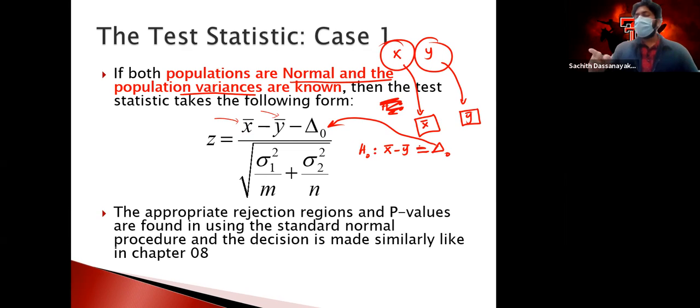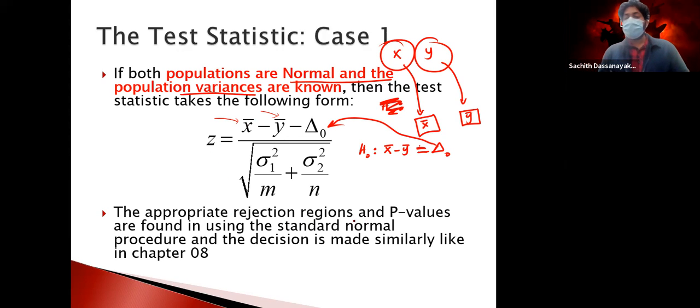We will not do this one, we will do an example for case number 2, so that you will get a clear idea. Don't confuse it with the parameters. Clear? If these are mu1 and mu2, don't confuse them.